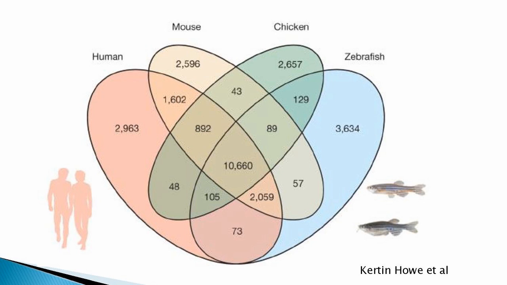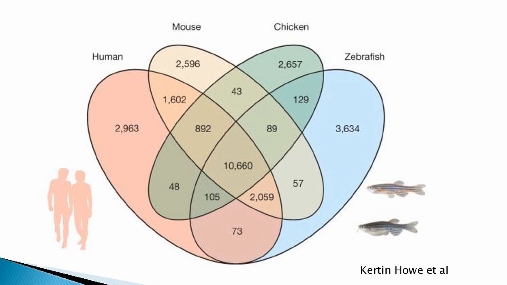In these four species there are 10,660 genes which are common, and when we look at human, mouse and zebrafish, there are 2,059 genes in common.